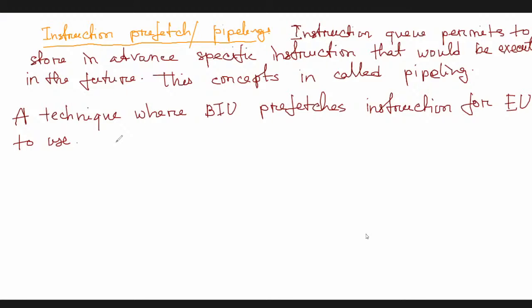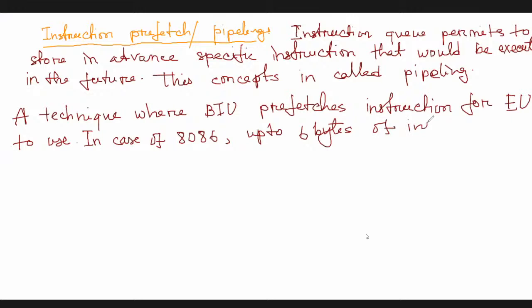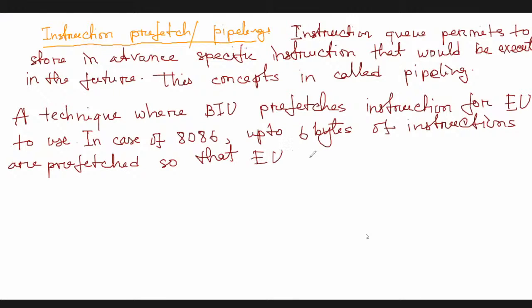In the case of the 8086, up to 6 bytes of instructions are prefetched, so that you can perform at optimum speed. Optimum means good.